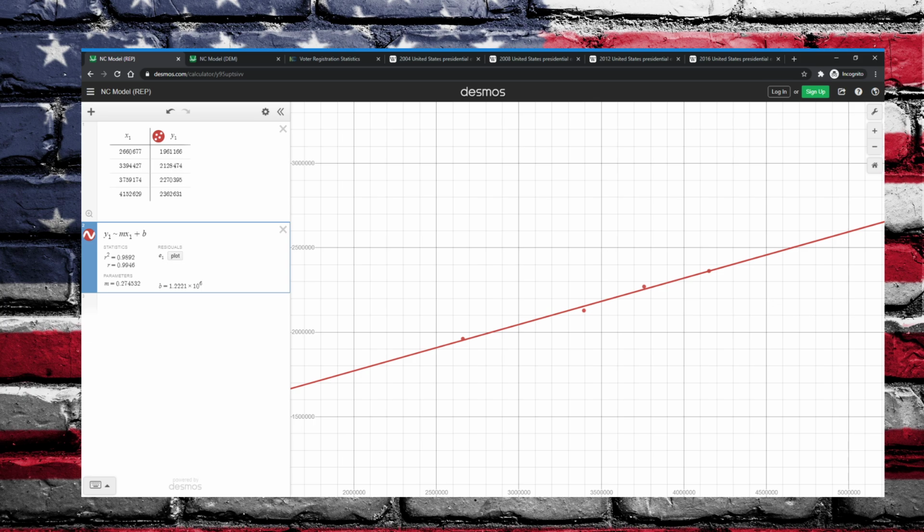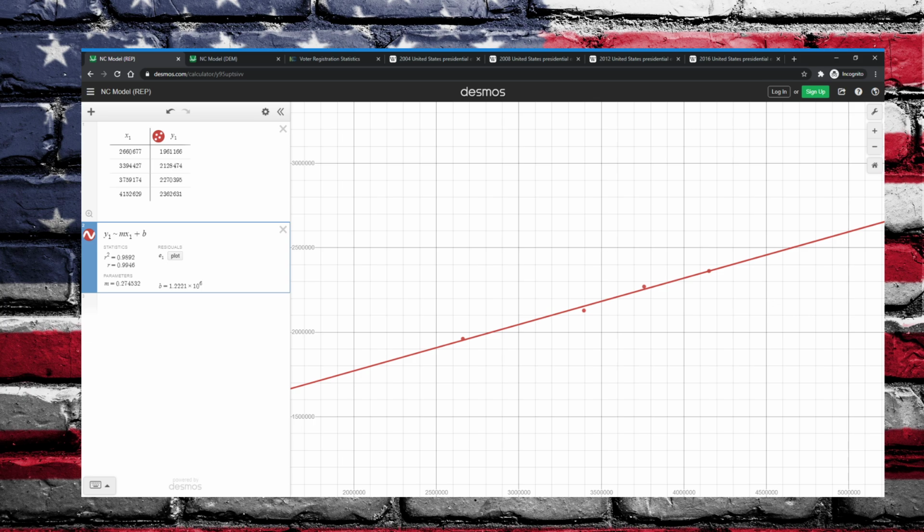My model is basically projecting vote share. That's kind of hard to do, alright? But in this video I'm going to explain how this model works and, looking at the past, how well it's fared in predicting elections. What this model does is it combines two things: party registration and voting data.